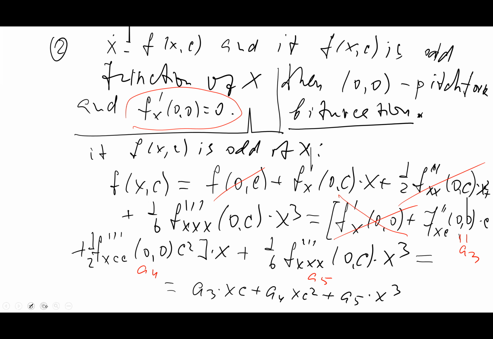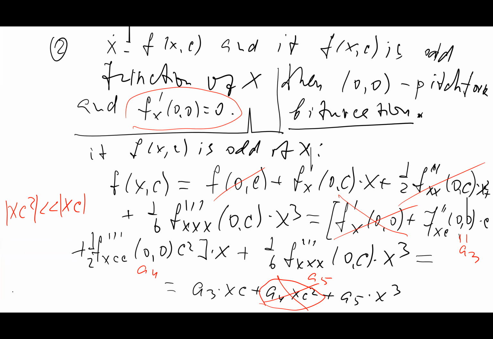And now we can see that this term is this term roughly multiplied by c, and since c for this kind of approximation is considered to be very small, x c squared is much smaller than x c. And therefore we can remove this term.